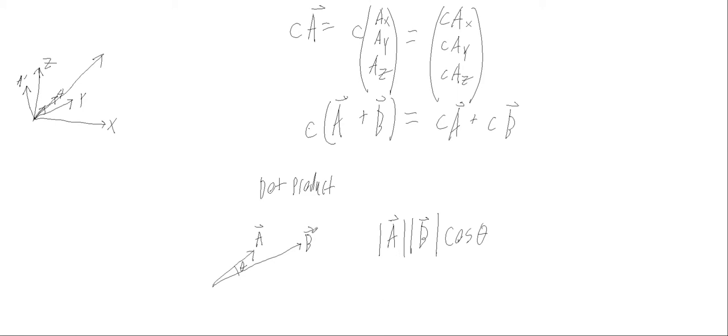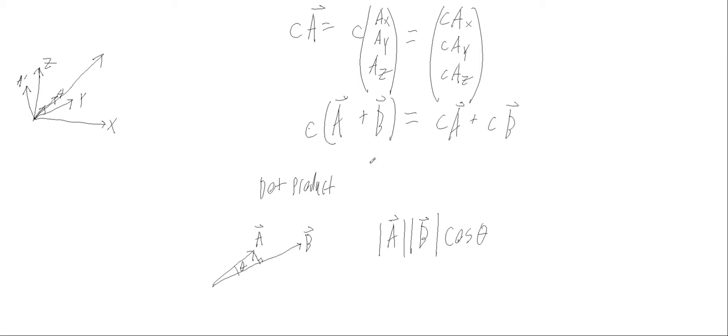And what this is doing geometrically is, if we sort of shine a light on A so that it's perpendicular with B here, we're looking at how much of A is casting a shadow over B.